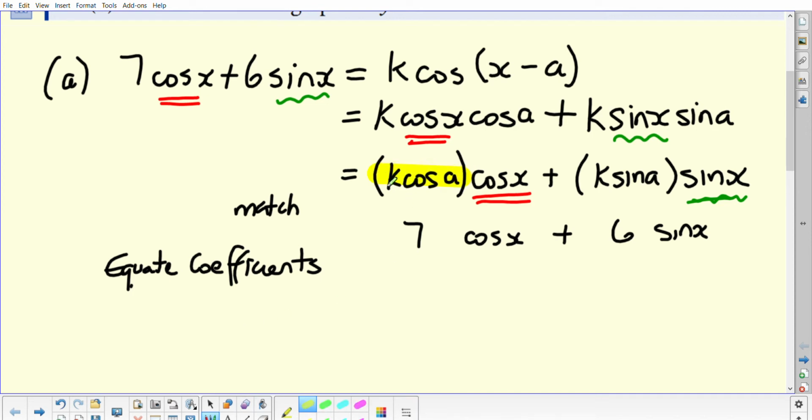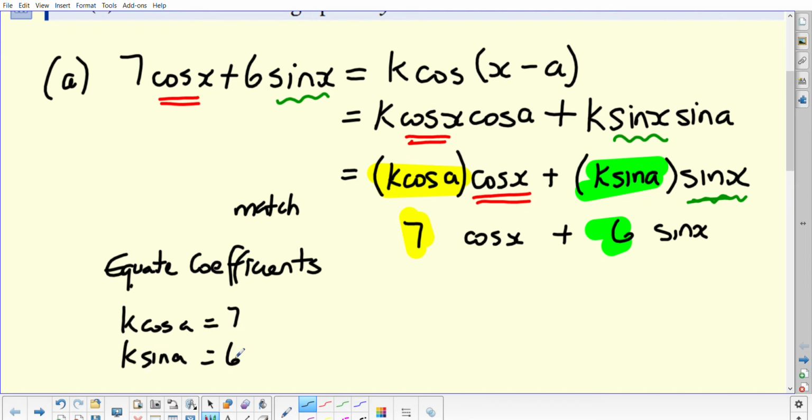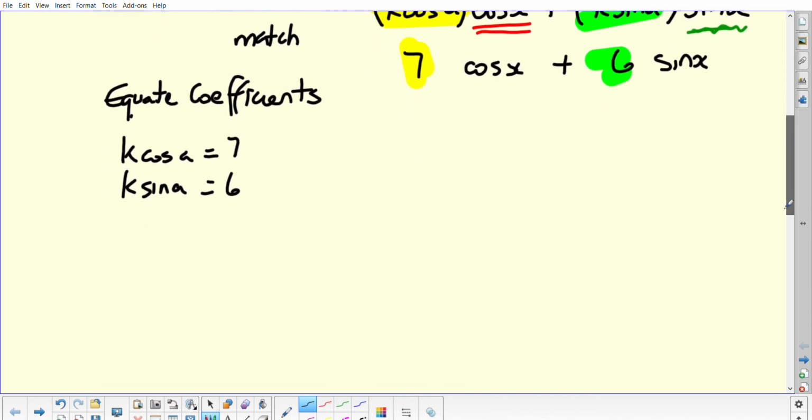Whatever's multiplying your cos x, they need to match, and your k sine a, that will be your other one, and that needs to be 6. Everything about that is all matching. There's no negatives to worry about or consider here. So we can write down our two mini equations: k cos a equals 7, and k sine a is equal to 6. And at that point, you've then worked out your second mark, having both of these correct.